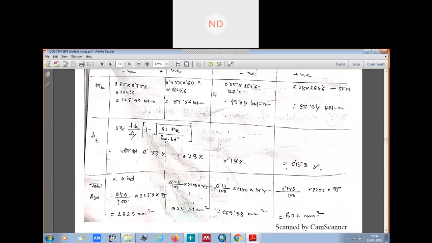Now when we come to the percentage of steel, this is PT, percentage of steel. It's not BT, PT, percentage of steel. So there is a formula for finding out the percentage of steel here.